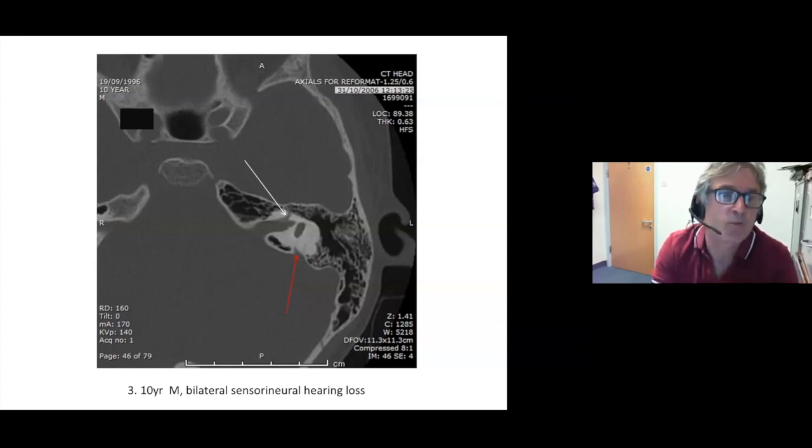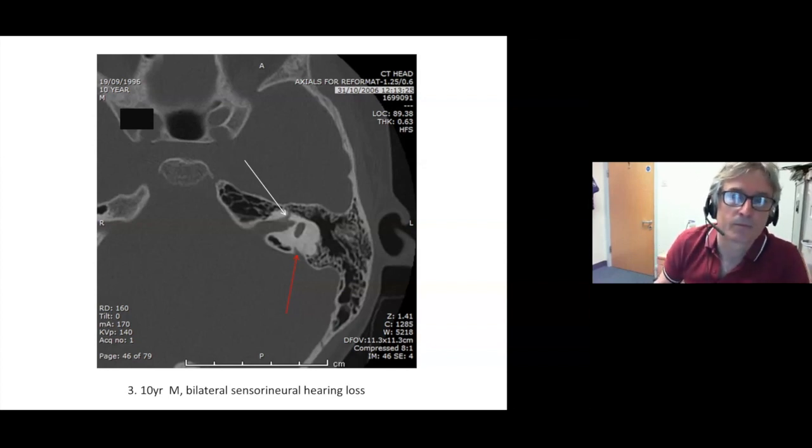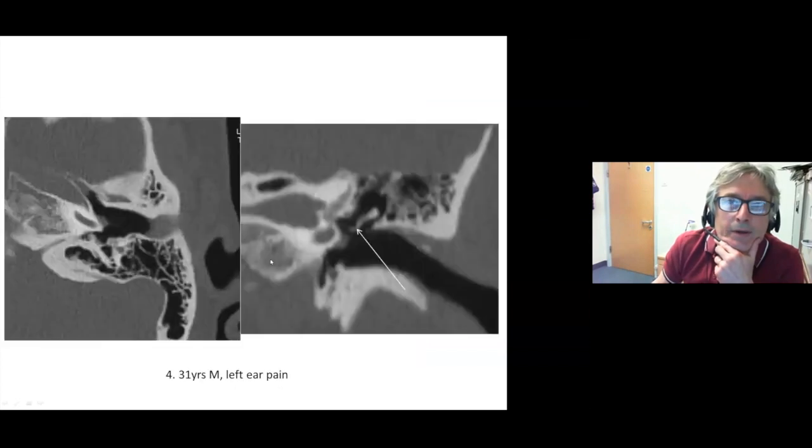Question number 3 is, what is the underlying cause? And then we've got a white arrow pointing to some normal anatomy and a red arrow pointing to some normal anatomy. What are those structures? I mean, they should all be very, very straightforward after the talk. Maybe not.